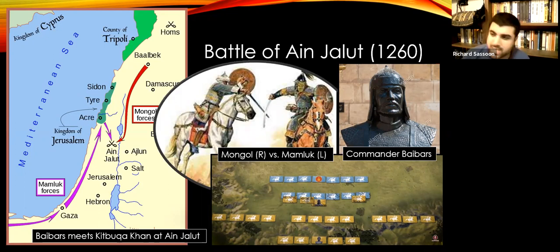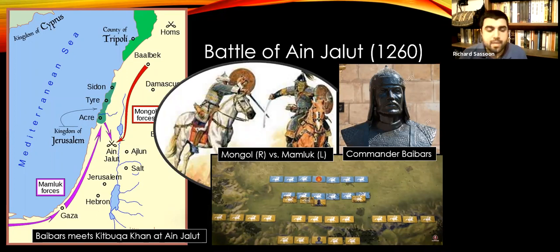The Mamluk force was slightly larger, but what's interesting is that the Mamluks defeated the Mongols by using the Mongol feint strategy. So Baybars, who was a key Mamluk commander and himself a victim of Mongol displacement, was from what's now Kazakhstan. When the Mongols invaded, his family was enslaved and sold to Egypt as slaves.